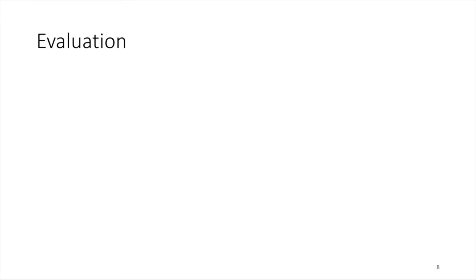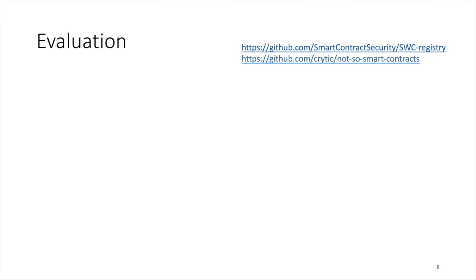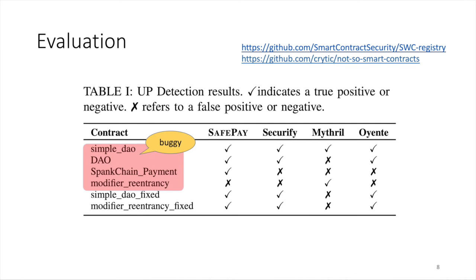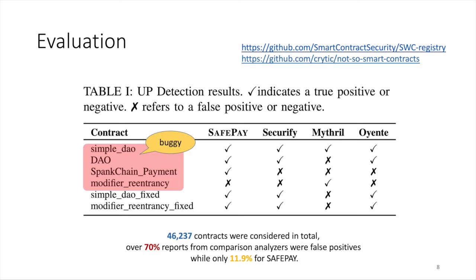The preliminary evaluation for SAFEPAY was conducted on 2 open-source security benchmarks. Compared to existing analyzers, SAFEPAY was more accurate on 6 cases, the first of which is buggy and the last 2 are not buggy. We have also conducted a large-scale evaluation of deployed Ethereum smart contracts.